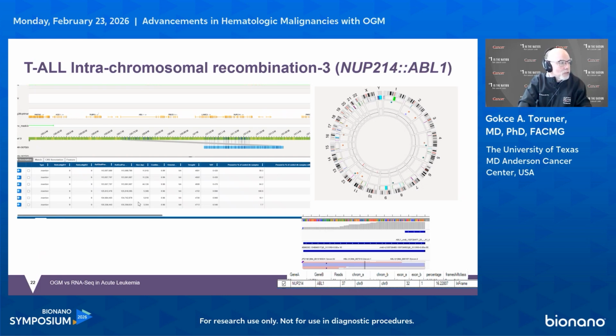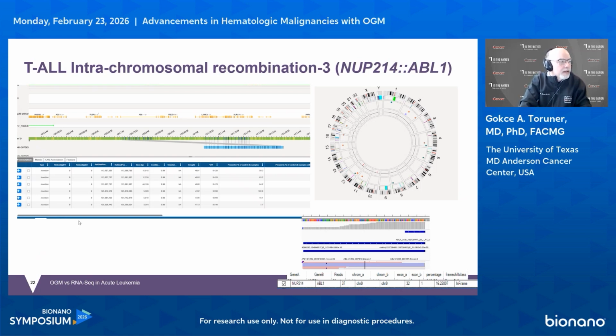And when I look at the OGM board for the SV annotation, it's not there. But it's okay. Just for the heck of it, I made all the settings less stringent. Obviously, it may give you false positive results, but it is also giving you something.